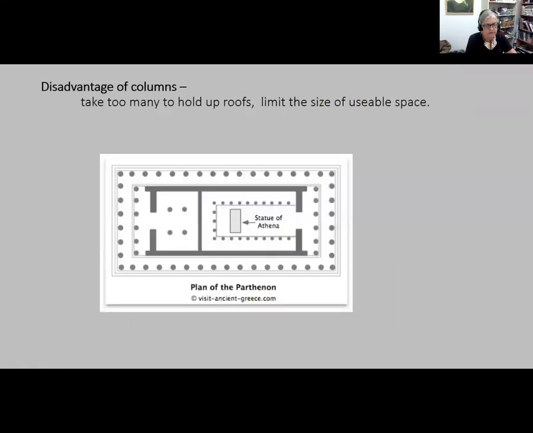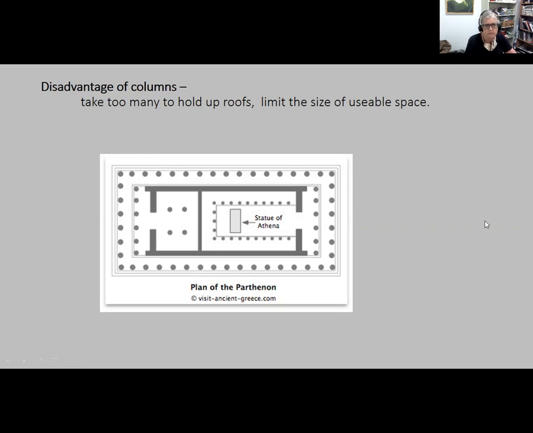So in the last part of the chapter, we were talking about columns, the Doric, Ionic, and Corinthian columns. And they're really great because they opened up the space and they would hold up the ceiling and they let in more light. But the problem was, in order to hold up the ceiling, you had to have a bunch of them.